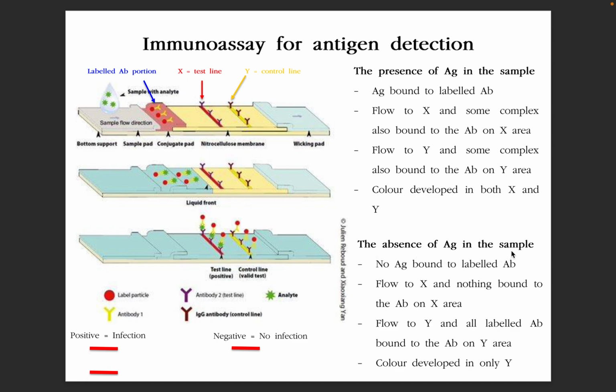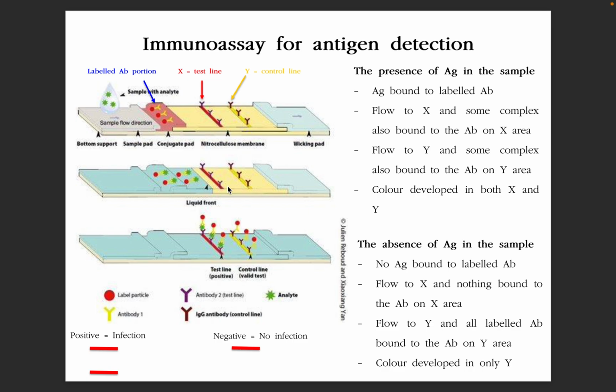In contrast, when the sample solution does not contain SARS-CoV-2 antigen, no complex between the labeled antibodies and the SARS-CoV-2 antigen is formed. It flows freely to the test line without being captured by the immobilized antibody, which recognizes the SARS-CoV-2 antigen.